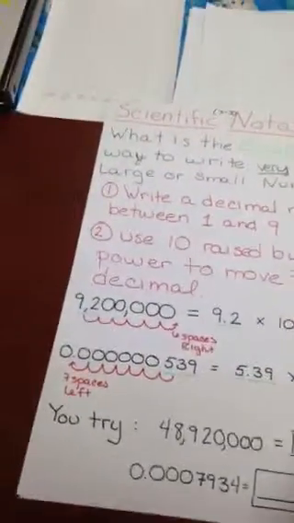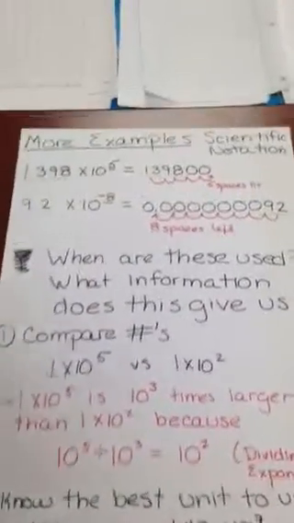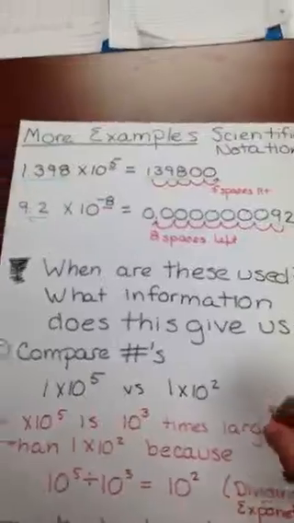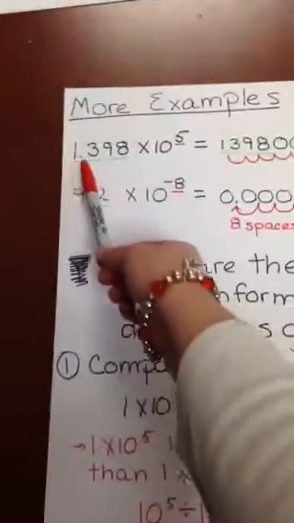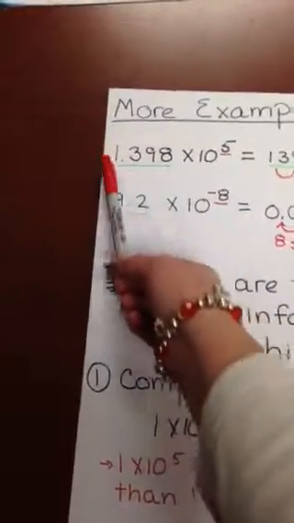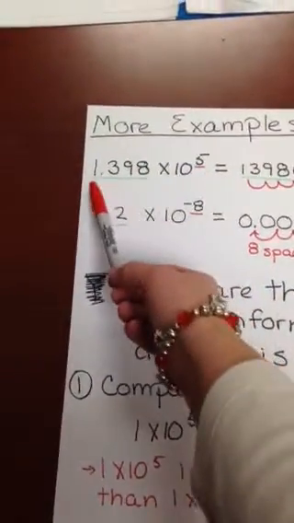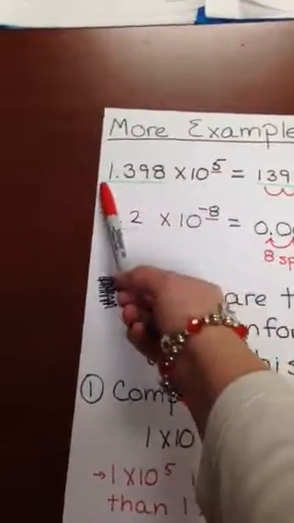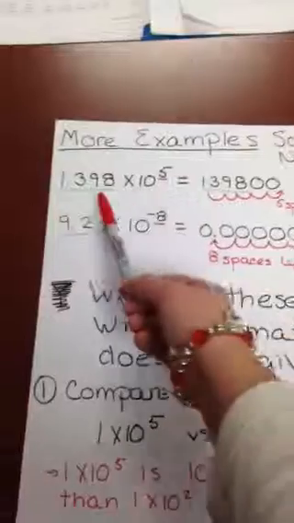Okay. So hopefully you were able to do those ones. Now we're going to be looking at a couple of other examples. We're just going to go the other way. So if I am given a number in scientific notation, like 1.398 times 10 to the 5th, I notice that my non-zero numbers are what's written here, and that's 1, 3, 9, and 8.